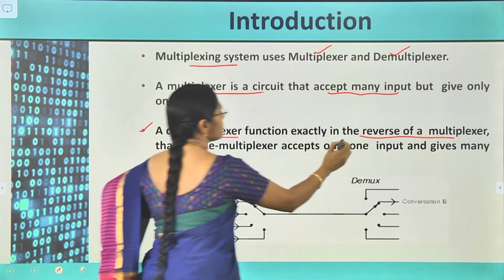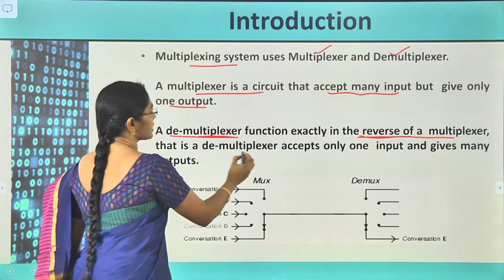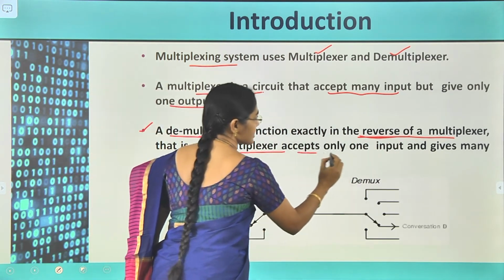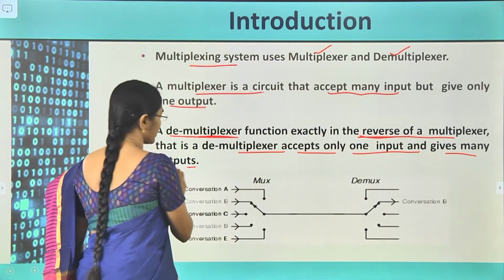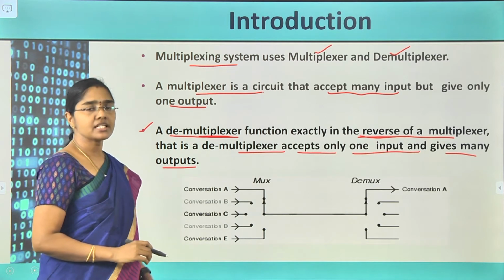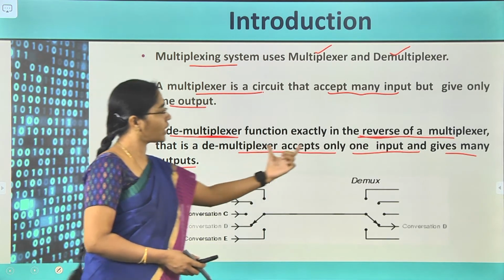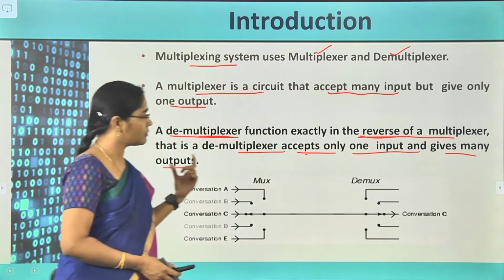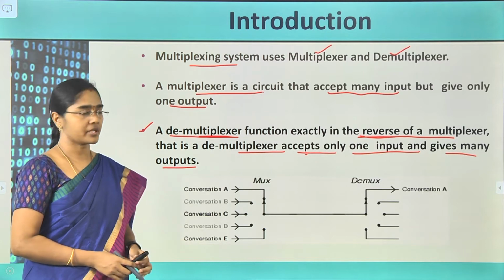So the reverse of the multiplexing operation is demultiplexing. That is nothing but the demultiplexer accepts only one input and gives many outputs. Demultiplexer is a combinational circuit which accepts one input and gives many outputs. That is the function of the demultiplexer.